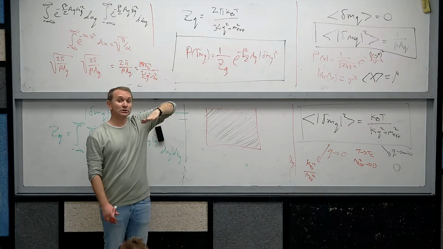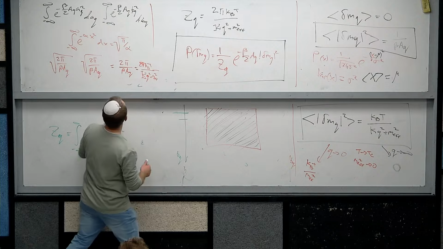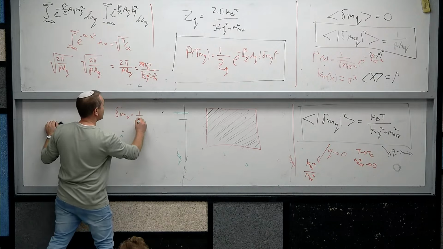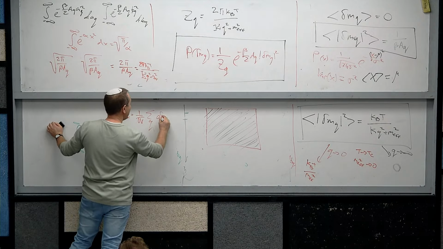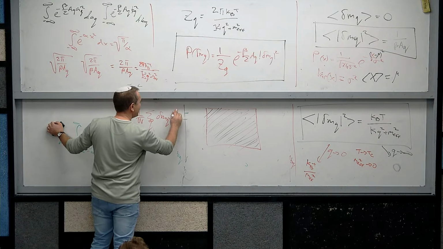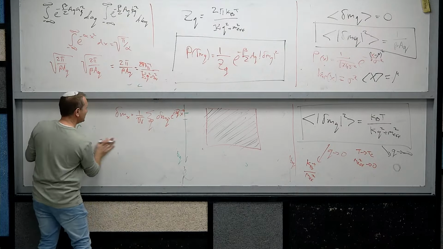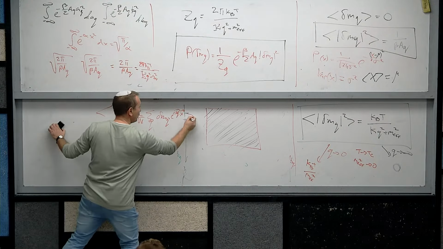So what is delta m(x)? It is 1 over square root of V, a summation over q, delta m_q, e to the i q x, right? So if I take the average of this, it's like taking the average of that.